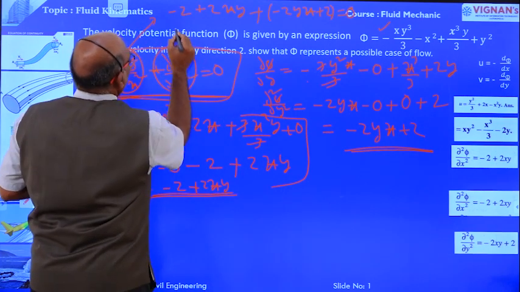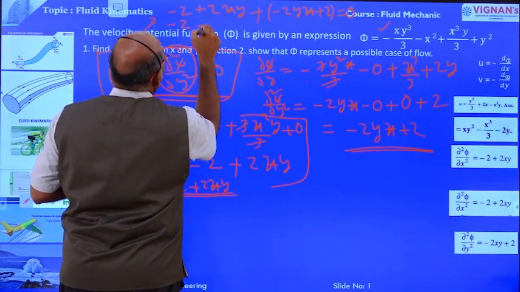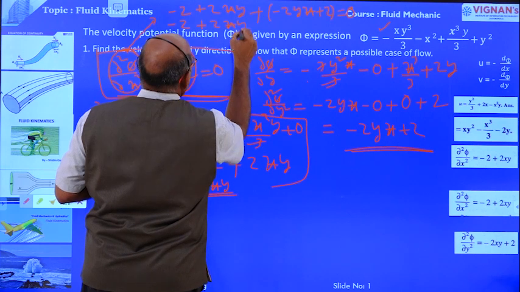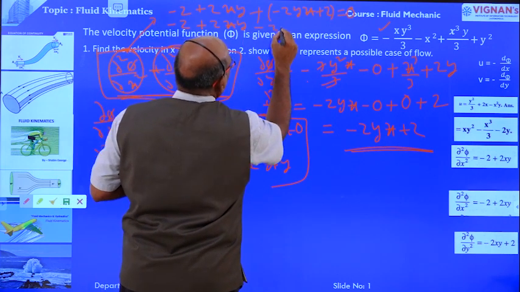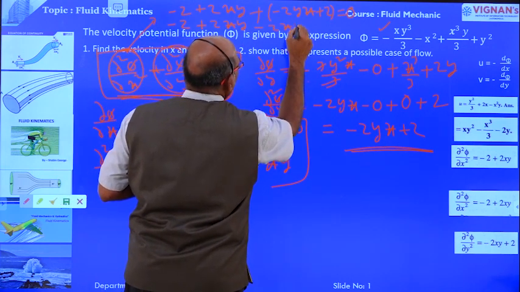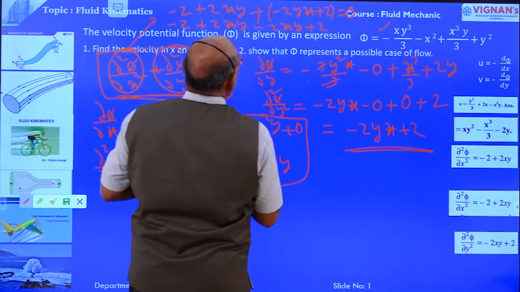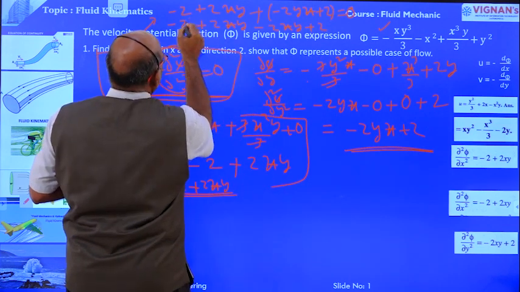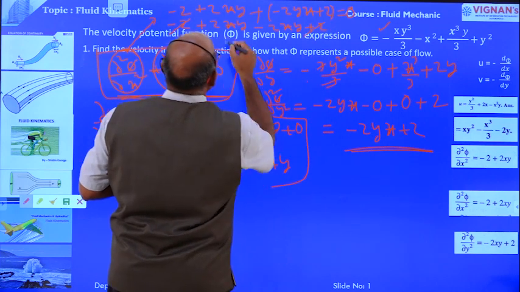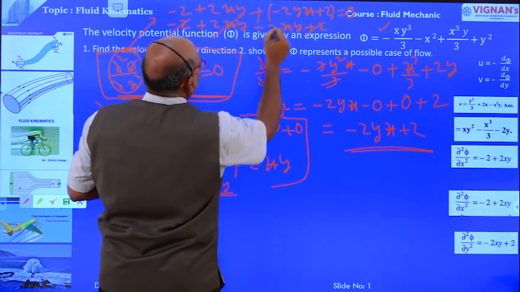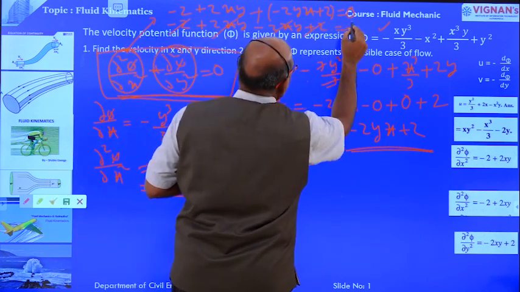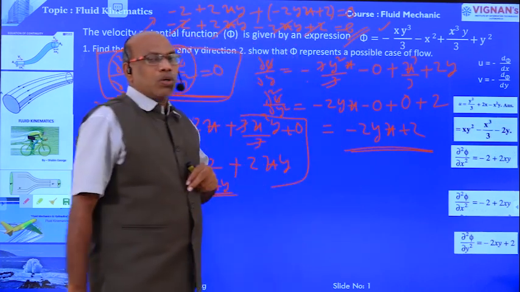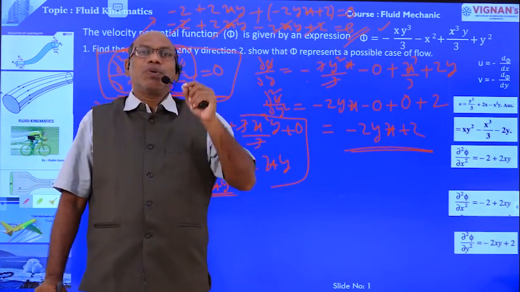Now this is equal to minus 2 plus 2xy minus 2xy plus 2. Right, the minus 2 and plus 2 cancel, plus 2xy and minus 2xy cancel, this is equal to 0. Therefore the flow is a possible case of flow.